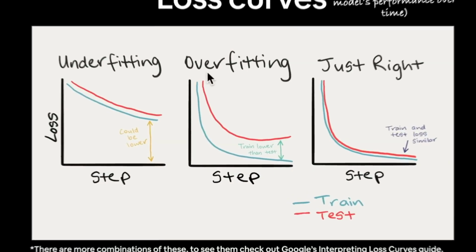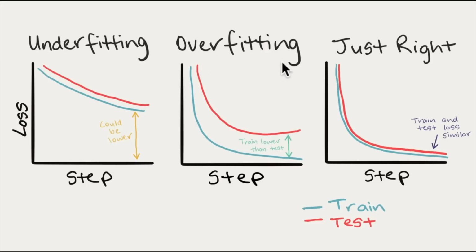Now, the inverse of underfitting is called overfitting. Two of the biggest problems in machine learning are trying to reduce underfitting, in other words, make your loss lower, and also reduce overfitting. These are both active areas of research because you always want your model to perform better, but you also want it to perform pretty much the same on the training set as it does on the test set. Overfitting would be when your training loss is lower than your testing loss.